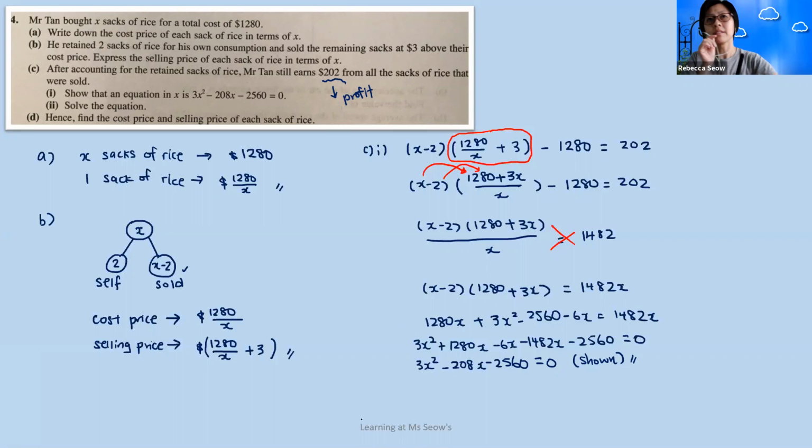So from whatever we have gathered so far, this is the equation. If we were to factorize, you realize that we are able to do so, using the cross method.